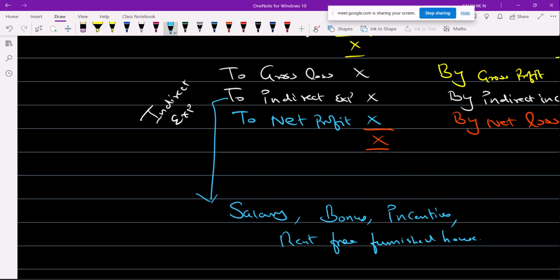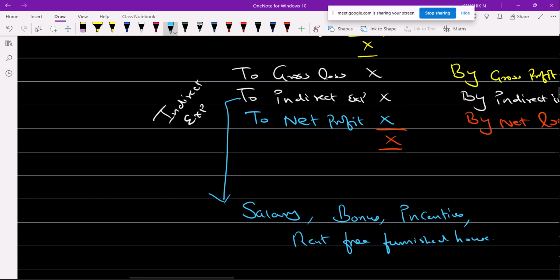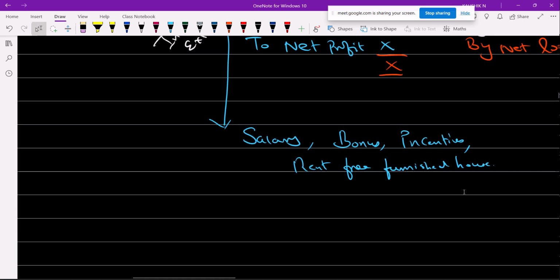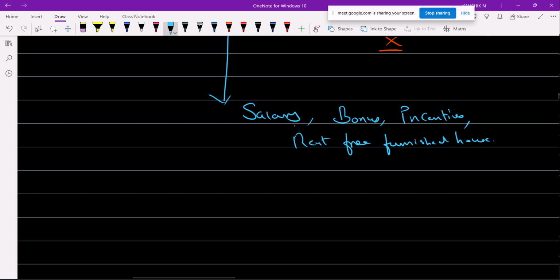This is for top level category people. So such types of expenses, salary or bonus or incentives, or rent free furnished house, or insurance premium on employees.